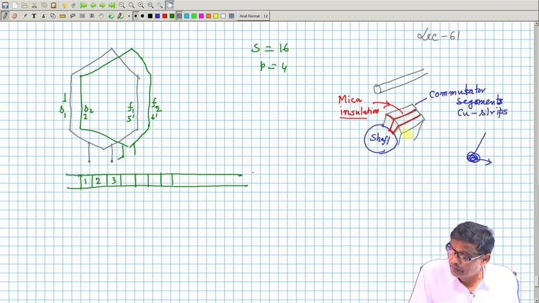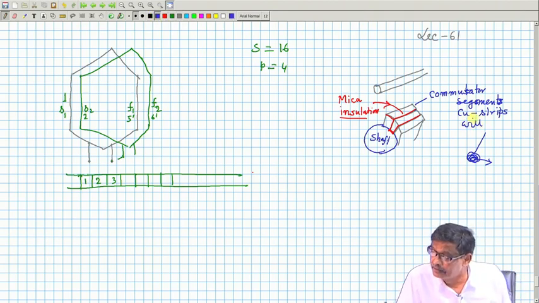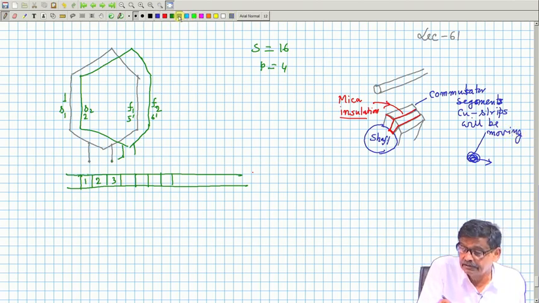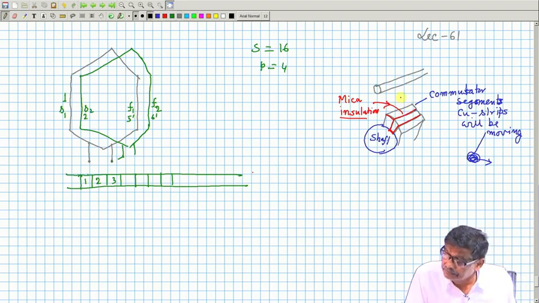Your commutator segments will be moving, and you make arrangements so that carbon brushes will touch these commutator segments with the help of some spring and external thing, so that this will rotate, but the carbon brush will remain stationary.